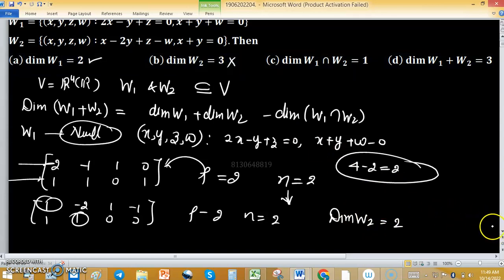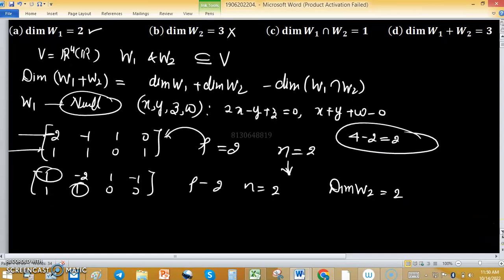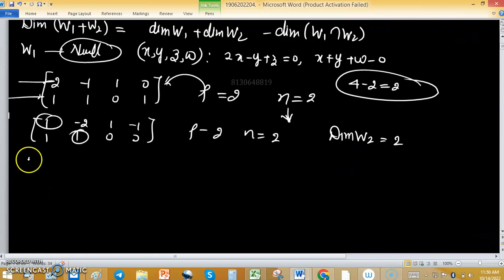To find the dimension of the intersection, we have to consider an element which satisfies the conditions of W1 and W2 together. Suppose the element (x, y, z, w) is in the intersection of W1 and W2.